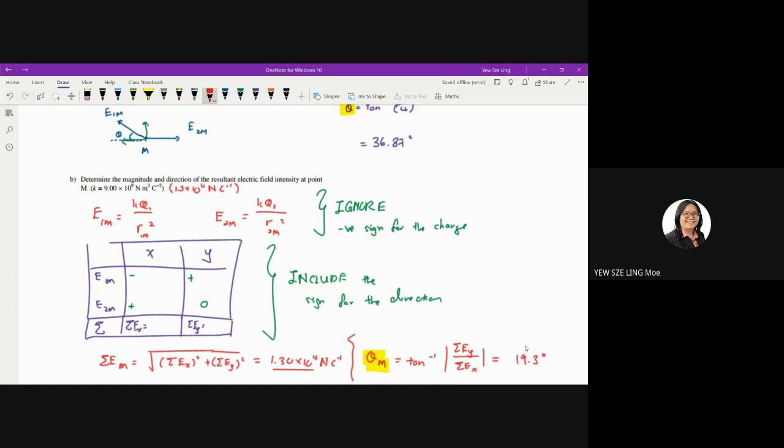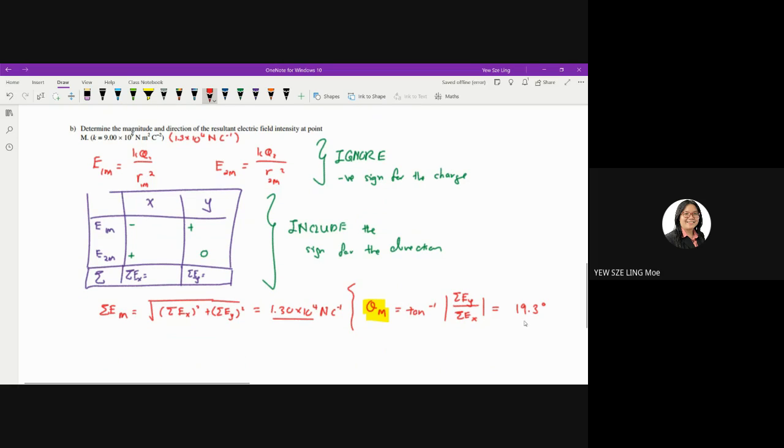Once you have the angle, remember you need to describe the position. So how are you going to describe? You look at the sign for the summation Ex and summations Ey. Summation Ex, if you got it right, you should get a positive value. Summations Ey, if you got it right, you should get another positive value.